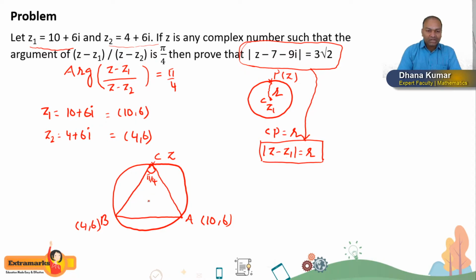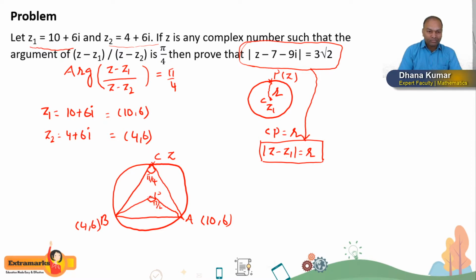Okay. For our convenience, here I am taking one point P, that is the center. According to circles concepts, you observe this one. Here the angle pi by 4 is 45 degrees. Automatically the central angle will be what? 90 degrees, pi by 2.